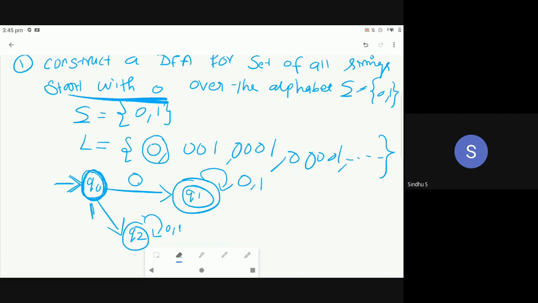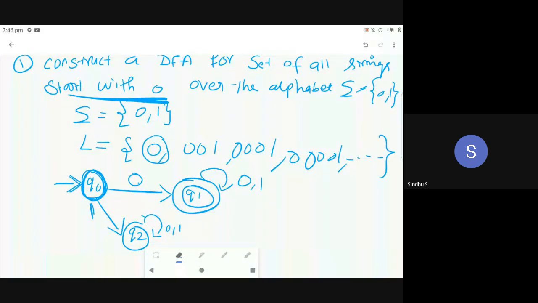Otherwise, your machine is not deterministic. The complete build-up will go wrong if you have missed one input for a state. You got it? Shall we go and check how the machine accepts the right input and how it rejects the wrong input?